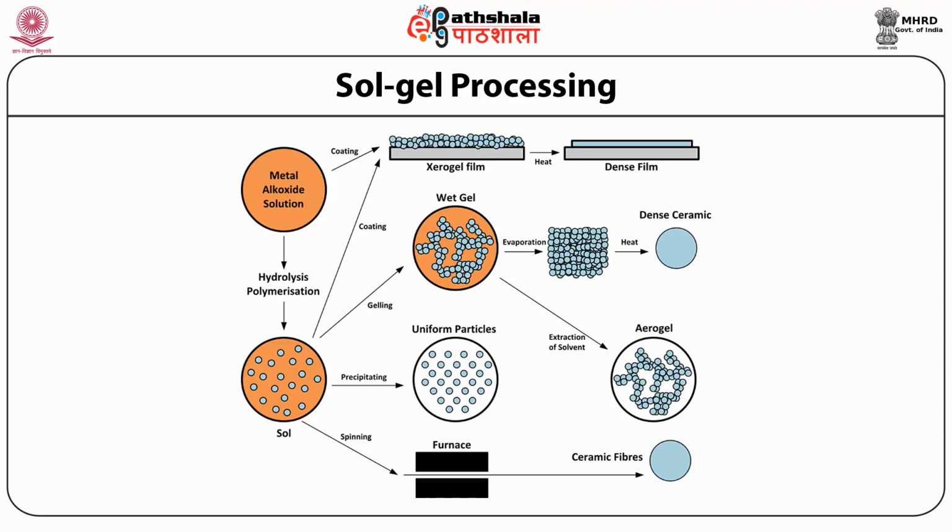As you can see in this figure, using a furnace we can form ceramic fibers by spinning, extract the solvent from a wet gel and make it into a dense ceramic, and if we coat a sol-gel film and give it a heating treatment, we can get a dense film.